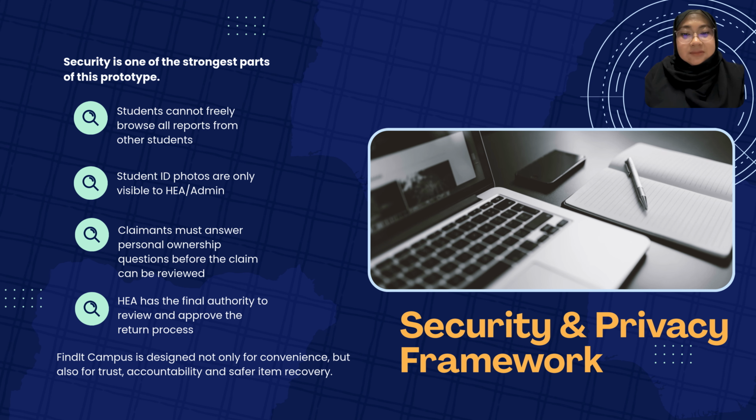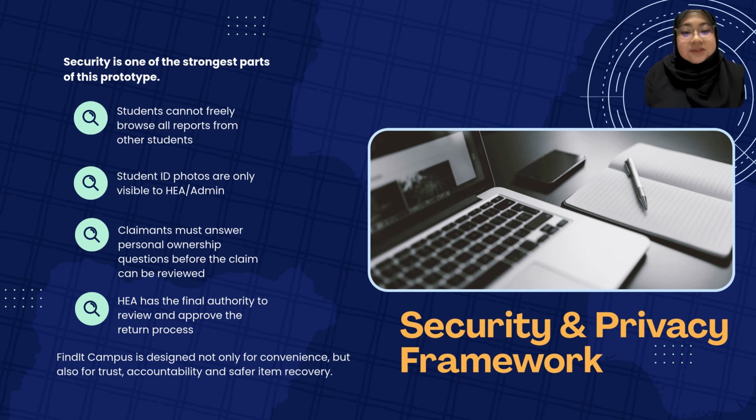Thirdly, claimants must answer an ownership verification question before their claim is reviewed. This provides an additional security layer by ensuring that only the real owner can provide specific details about the item. Lastly, HEA or admin has the final authority to approve the return process. The system does not allow automatic approval because human verification is still required.